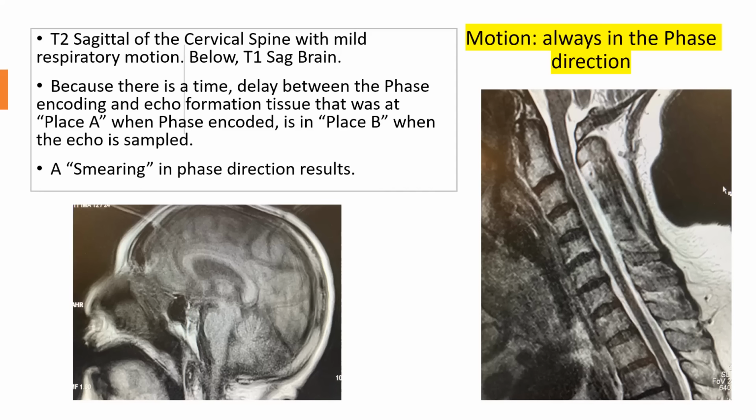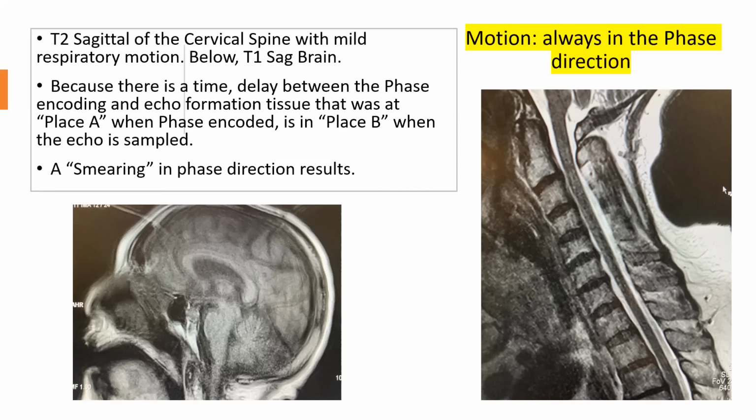What happens, or why you get motion only in the phase direction, is because there's a lag time from the time that you put a phase encoding gradient on and the time you acquire the echo. Because remember I said the phase encoding gradient's applied for the future echo. Remember I said that? A long time ago, a lot of words ago. Okay, what happens is you phase encode the tissue and it's at place A. Great.